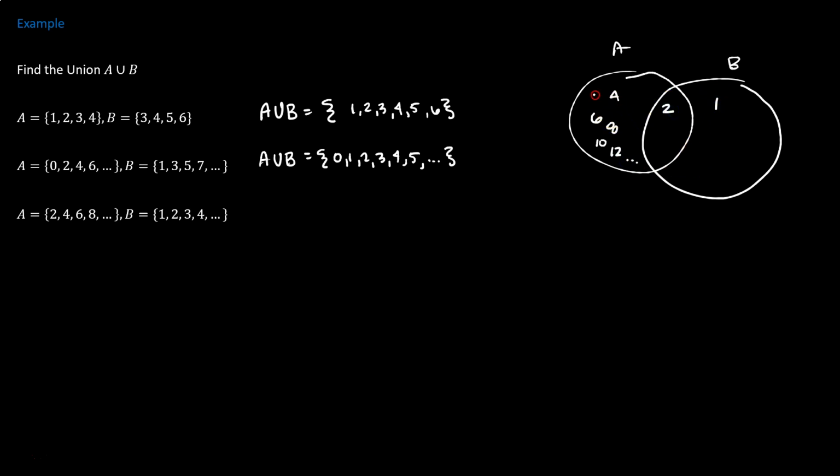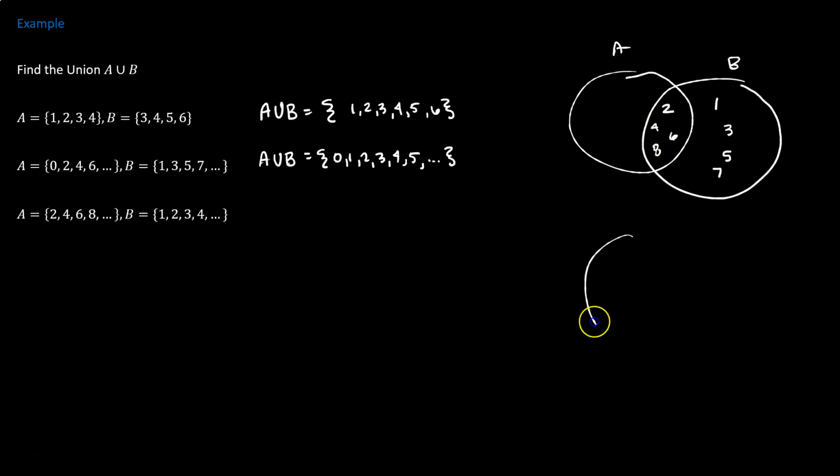I'm going to take the 2 from A and put it into the intersection. 3, 4, 5, 6, 7, 8. Notice that the set B has all the numbers in it. The set A, which had all of the even numbers in it, is completely fit inside of the set B.